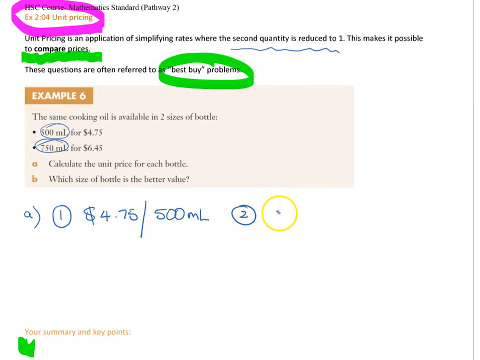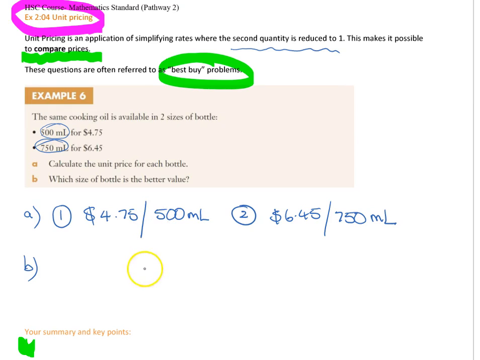And in bottle 2, it is $6.45 for 750 mils. So obviously it's costing more, I'm getting more. We just have to be careful. This may not work out to be cheaper to buy the bigger bottle. In many cases, it does work out that way, but sometimes you just have to be a little bit careful. Let's see what's going to happen here, because this is what you're asked to do in B. Which size bottle is the best value?